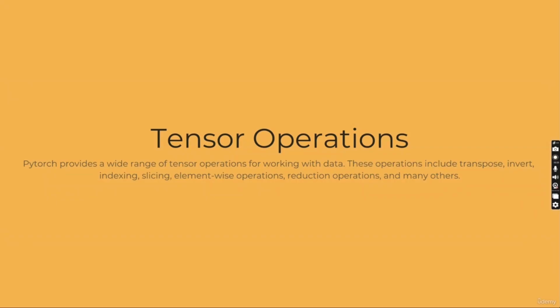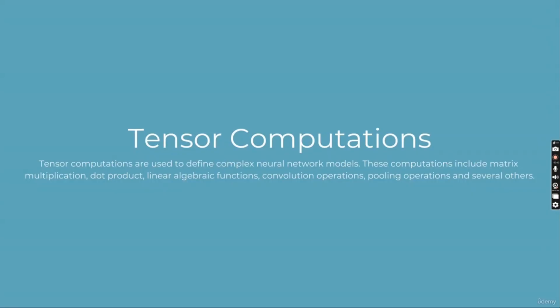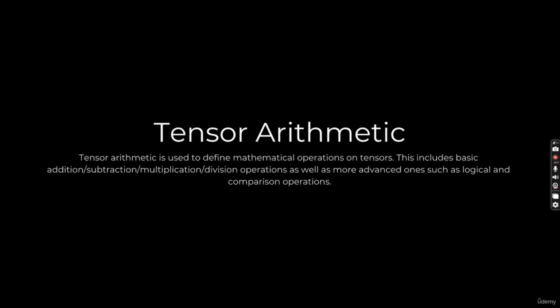Then tensor operations. You can use tensors to perform a wide number of operations, and they can also be used for various kinds of computations and complex neural network models. These computations include matrix multiplication, dot product, linear algebraic functions, correlational operations, pooling operations, and several others.